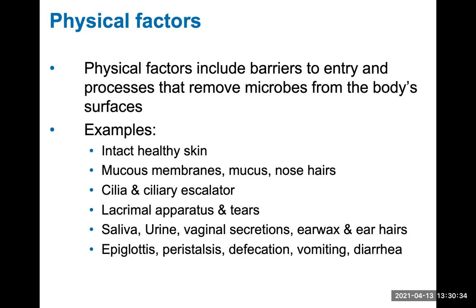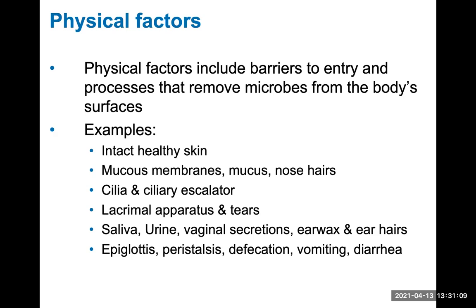And then, of course, saliva, urine, vaginal secretions, earwax, and even the hairs of the ear are all there to physically remove any microbes that are present. And then, of course, your epiglottis blocks off your airway so that when you swallow, everything goes into your digestive tract, and so that protects your respiratory system.